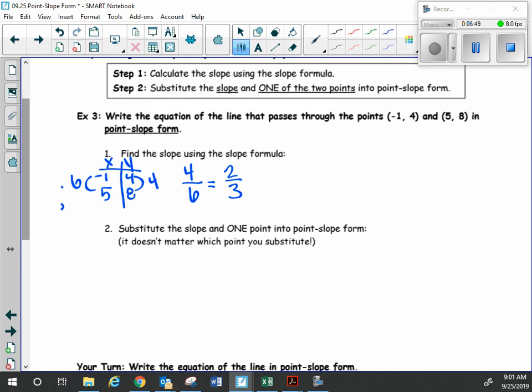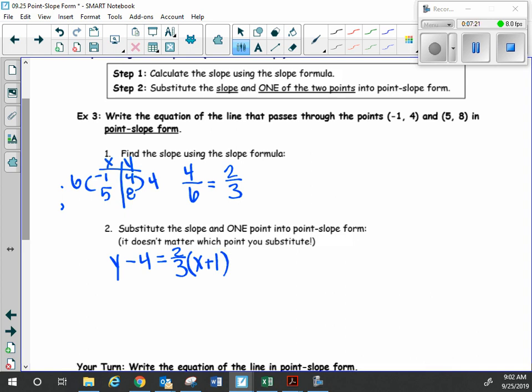Now, should you be faced with a question like this, unless they are very specific about which point you use, because sometimes they will be, they'll say, like, use the first point. If it doesn't say, use whichever point you want. So, we could have 2 separate equations for this, right? I could use the first point, and it would be y minus 4 equals 2/3 times x plus 1.